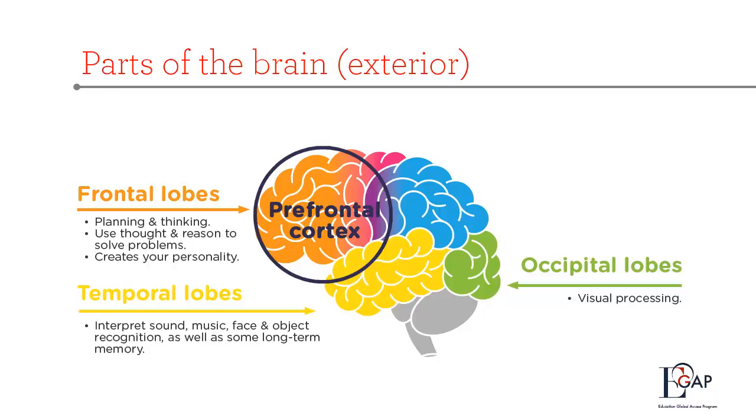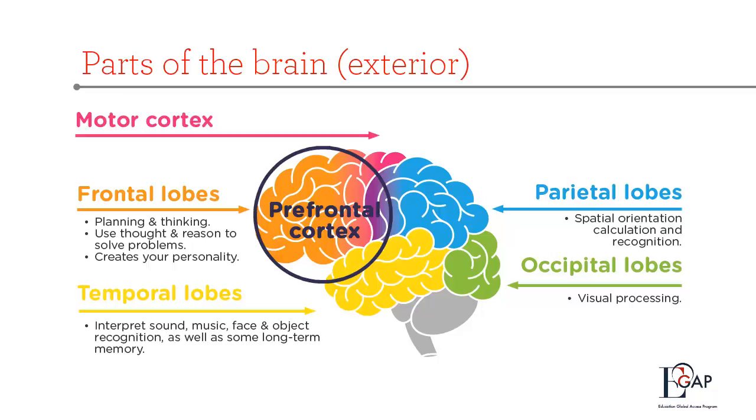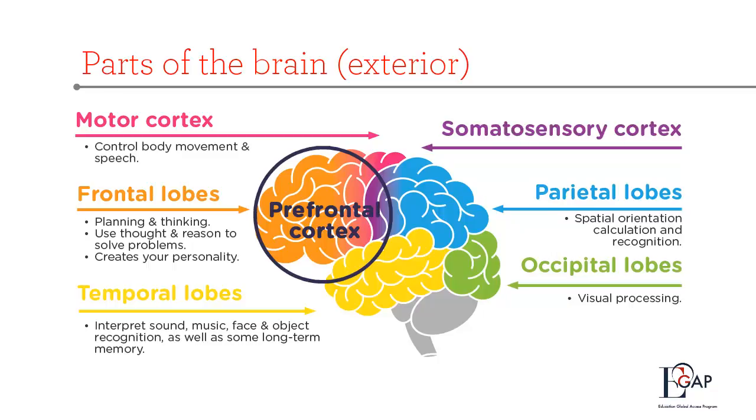They help you make sense of the things you see around you. The parietal lobes here are used for spatial orientation, calculation, and some types of recognition. Finally, here we see the motor cortex. It helps control body movement and speech, while the somatosensory cortex here helps process the sensations of touch.